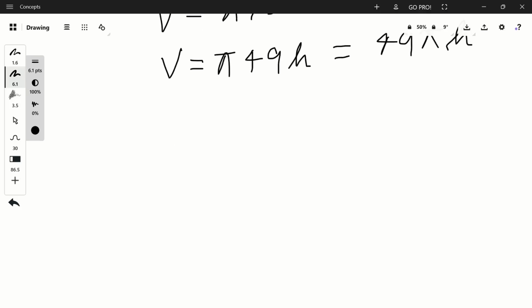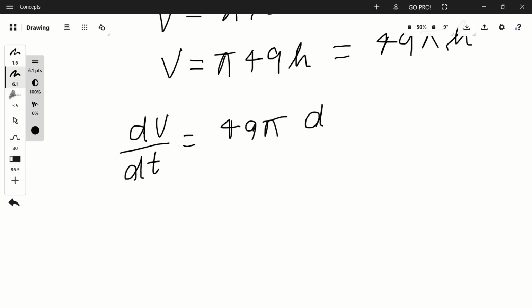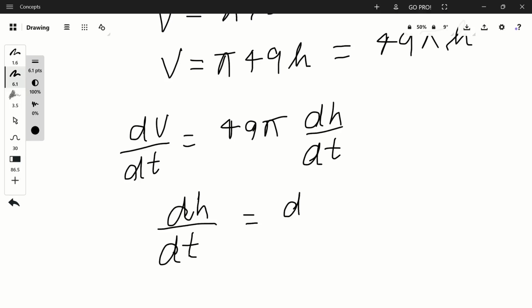Differentiate both sides of the volume equation with respect to time t, that is dV upon dt is equal to 49 pi dh upon dt. Rearranging the equation to solve for dh upon dt, we have dh upon dt is equal to dV by dt upon 49 pi.